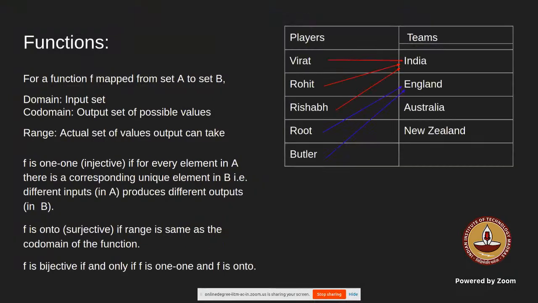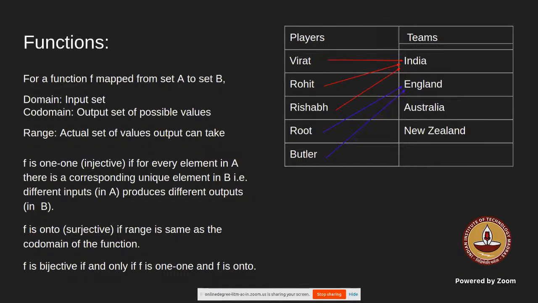Now this is how a function works. Suppose I give you a player's name, any player, and my function tells me the name of the team they play for. Suppose I say Virat. Virat is an Indian player, so Virat maps to India. Rohit also plays for India.